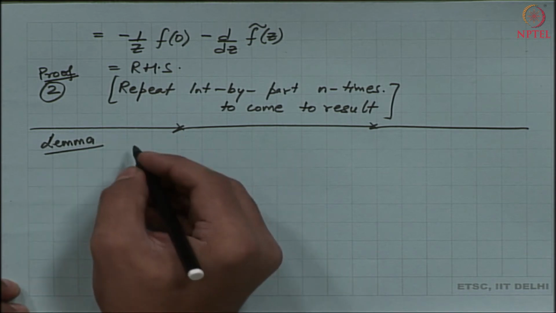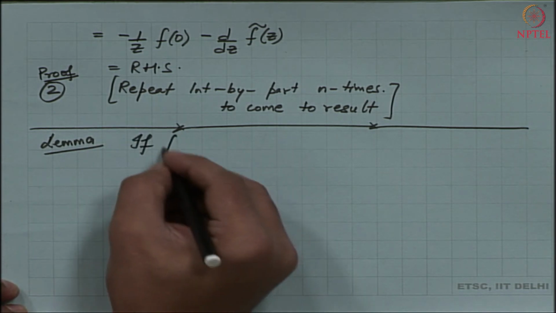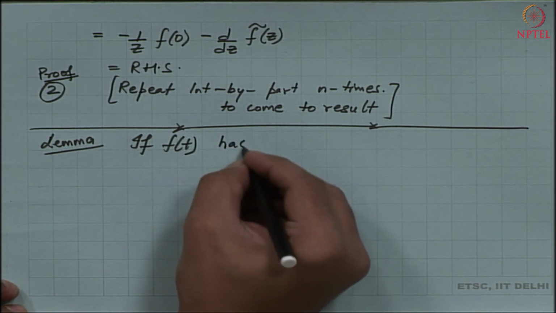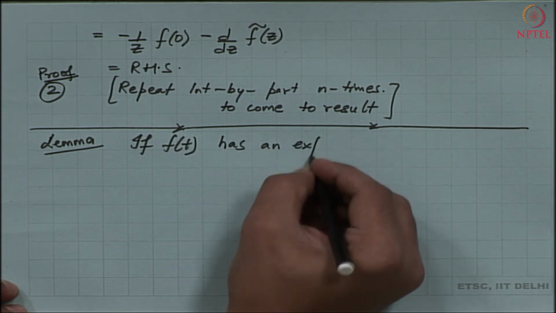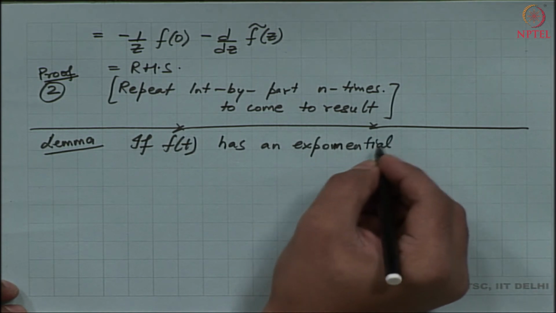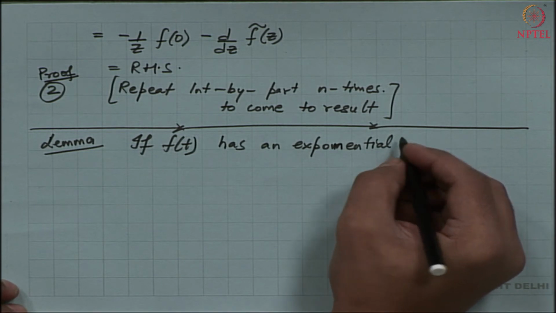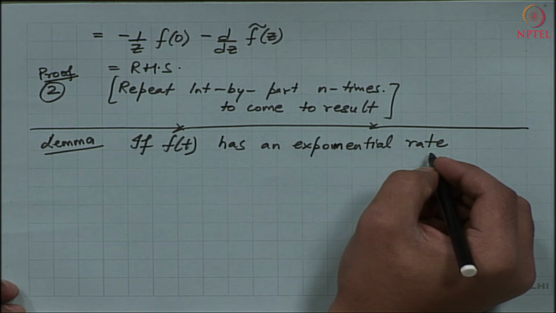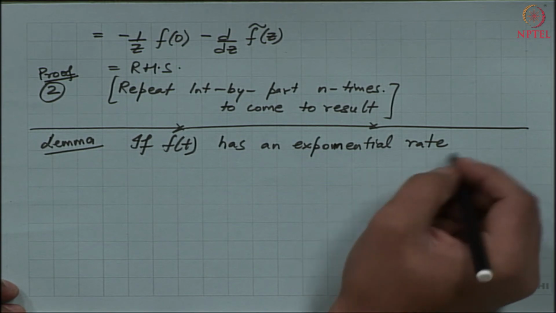If I have a function f of t and f of t has an exponential rate of decay, I am going to state this lemma without any proof, but this lemma is going to be useful for evaluating certain expressions in our application problems.